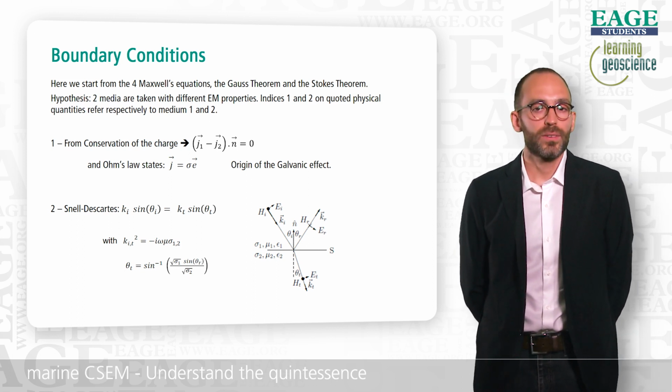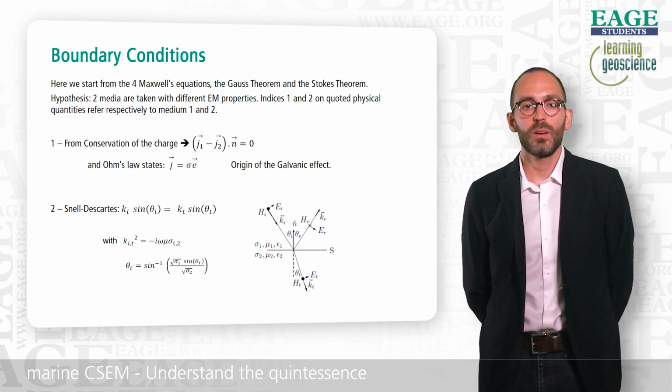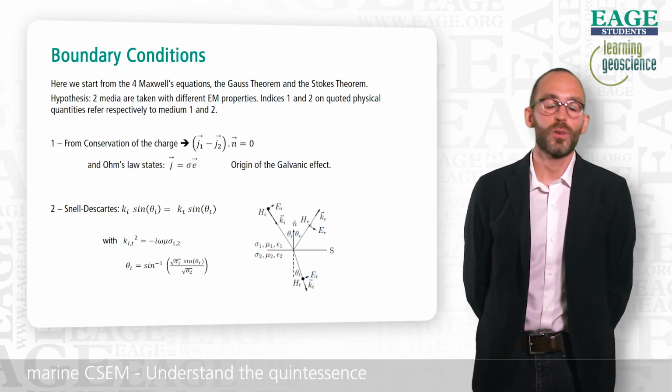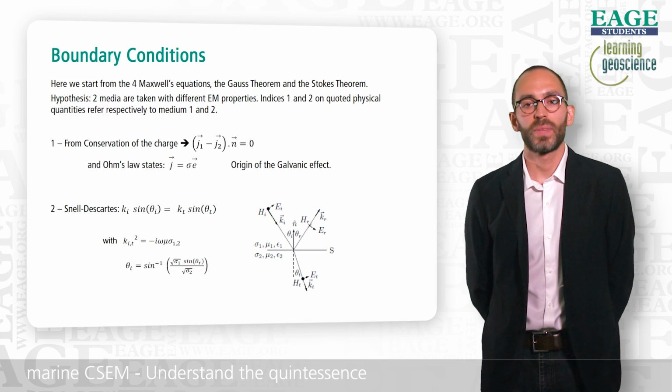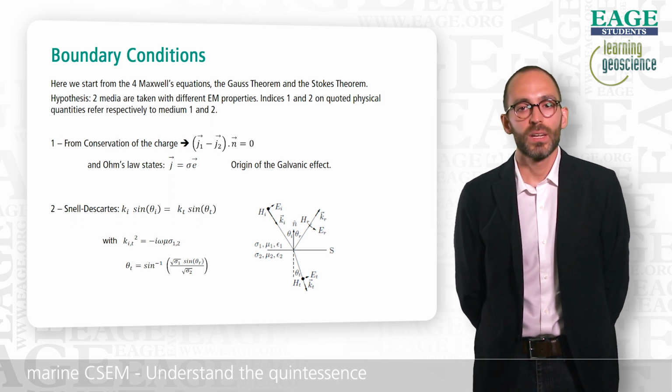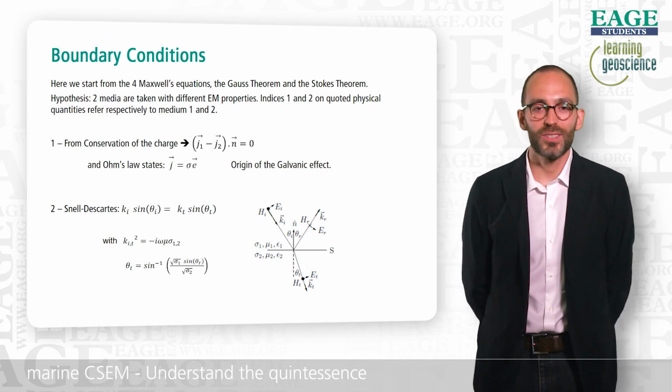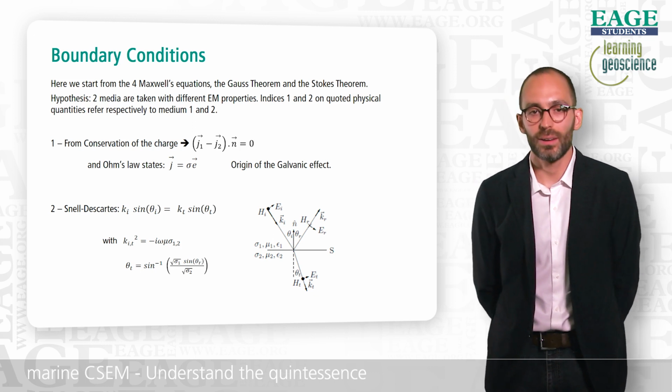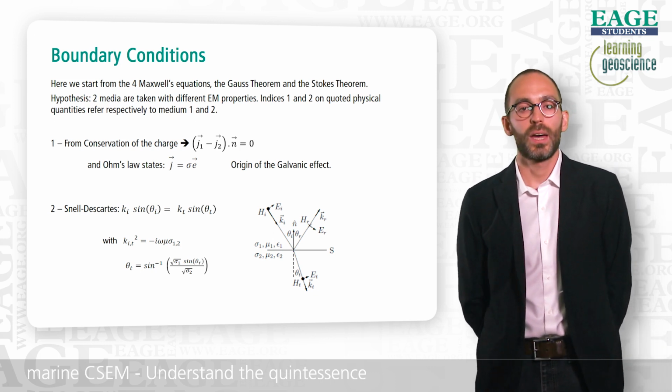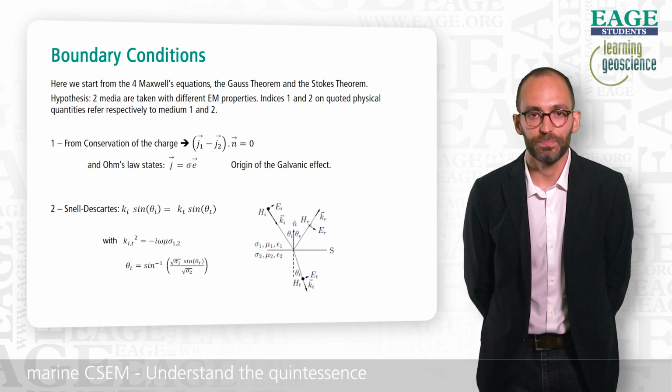The subscript letters I, R, and T refer respectively to incident, reflected, and transmitted. But I'm pretty sure, since most of you are geoscientists, you are very familiar with that expression regarding seismic.